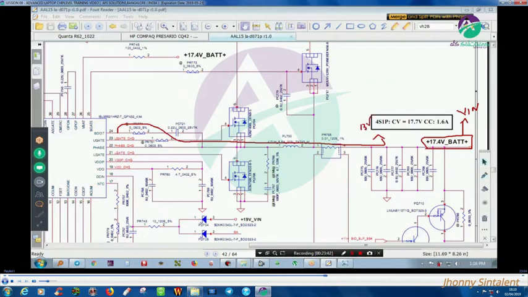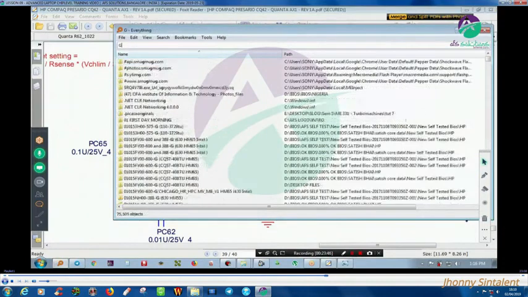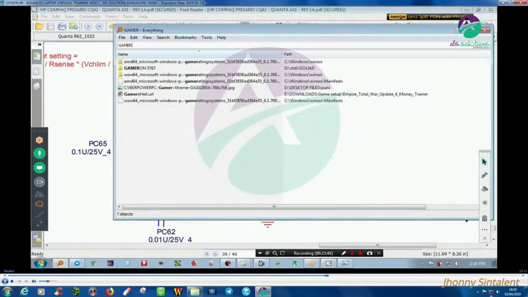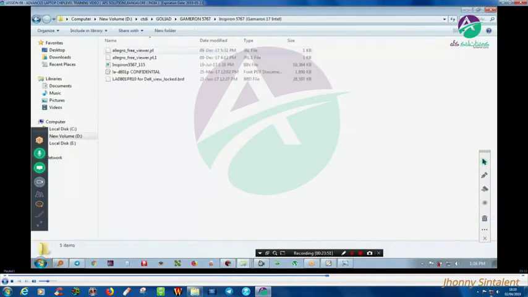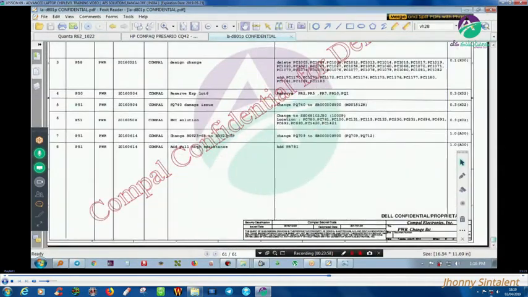Let me show you one more architecture. Let me show you Gameron. D80. This is also Skylake. So always what you think, the Vin is 19 volts only.